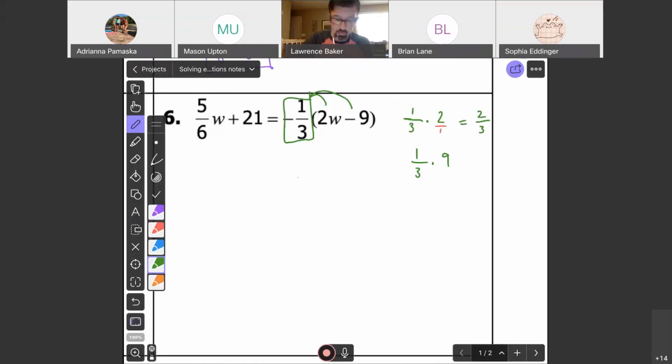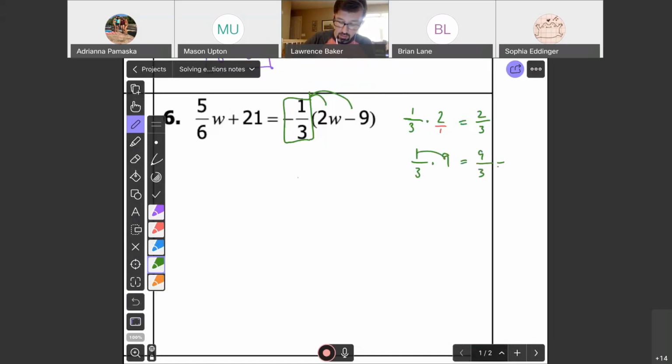But really, you shouldn't have to do that. If you just say, what's 1/3 times 2, it's just 2/3. 1/3 times 9 is just 9/3. The denominator doesn't change, but we don't need to write it down to know that there's a 1 there. We don't need to write down that 1 times 3 is 3. 1 times 9 is all I'm really worried about. 1 times 9 is 9. The 3 doesn't change.